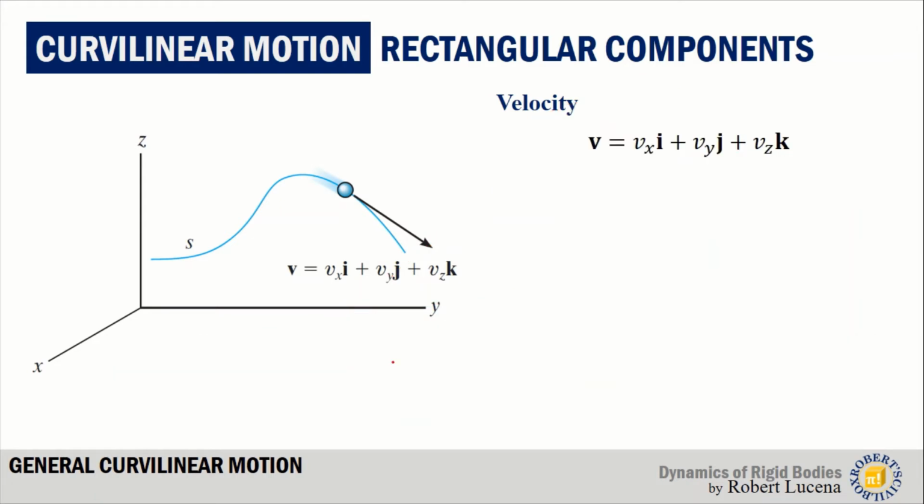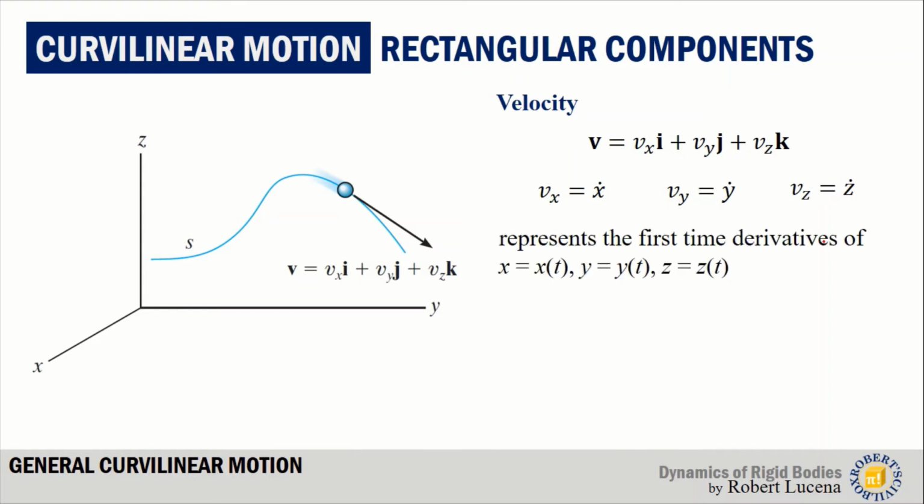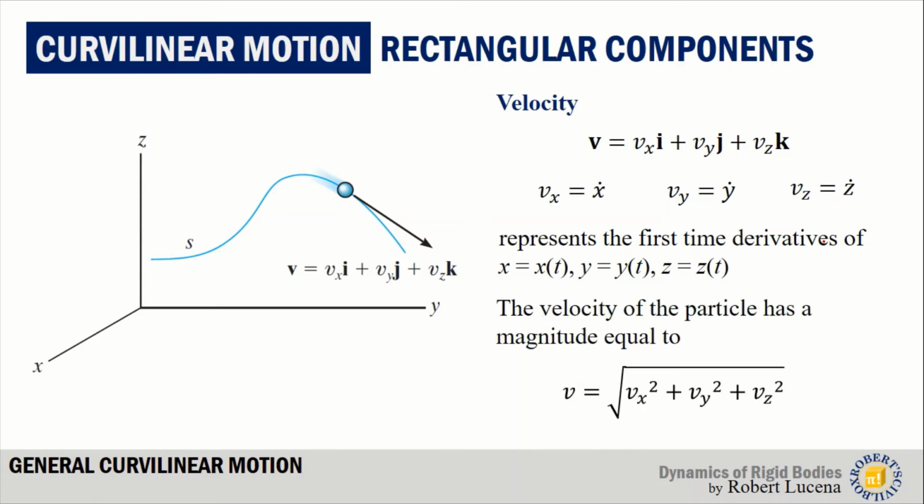Okay, now we have the velocity vector equal to vx i plus vy j plus vz k, and we might want to rewrite vx, vy, and vz, so we can represent them as x dot, y dot, and z dot respectively, and they represent the first time derivatives of x as a function of time, y as a function of time, and z as a function of time.